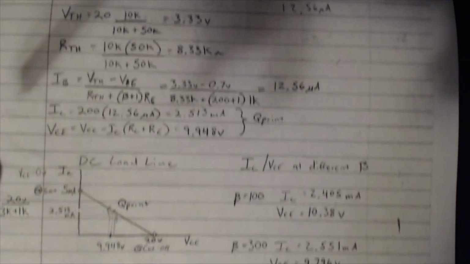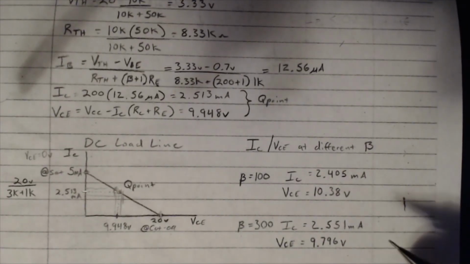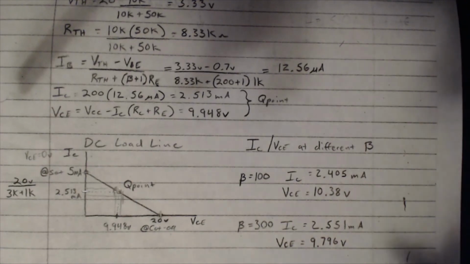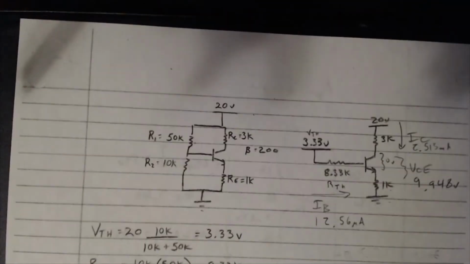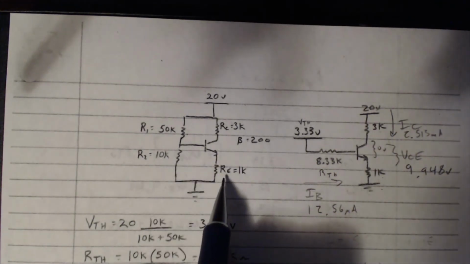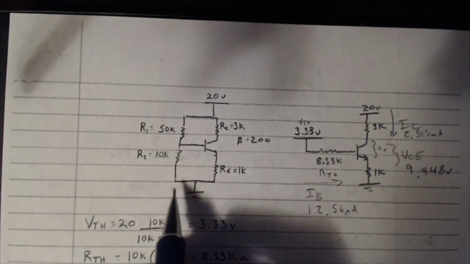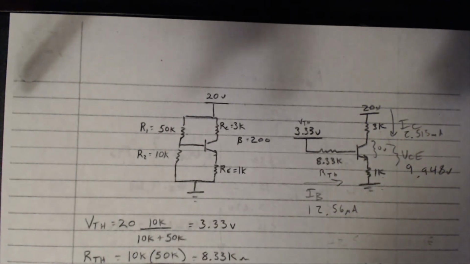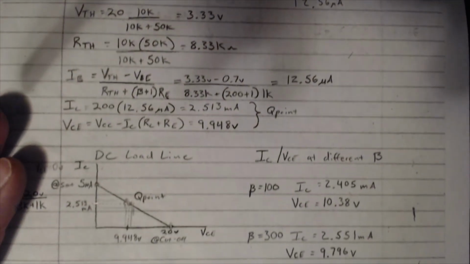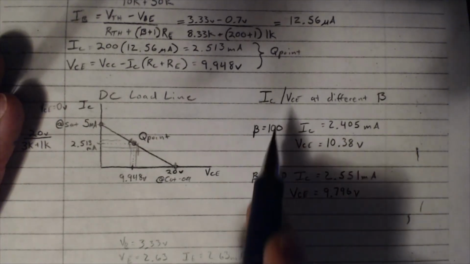So, as you can kind of see, by just adding 2 resistors to this circuit, we didn't increase the complexity that much. All we did going from our previous circuit to this one, we added 2 resistors, the emitter resistor and the R2, right? We changed this to a voltage divider. So by just adding those 2 resistors in there, we essentially made a circuit that doesn't care if beta fluctuates.